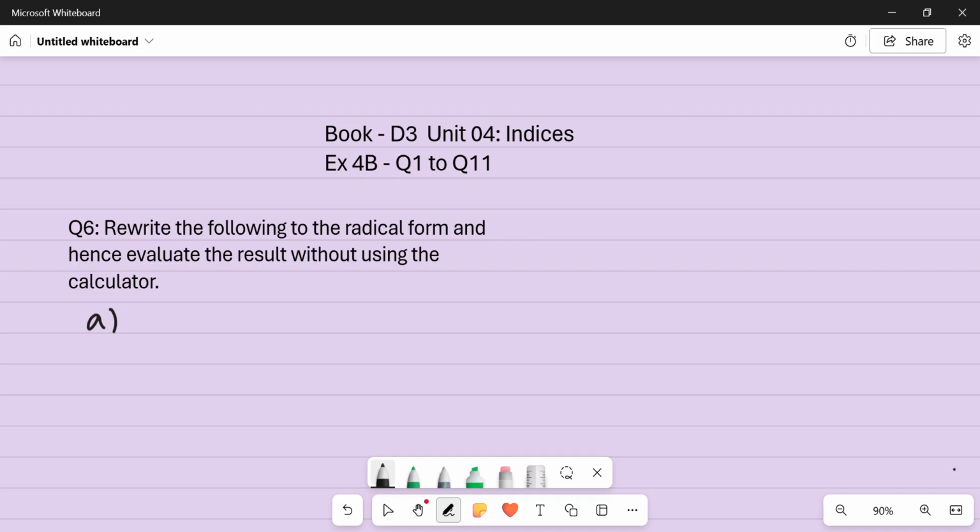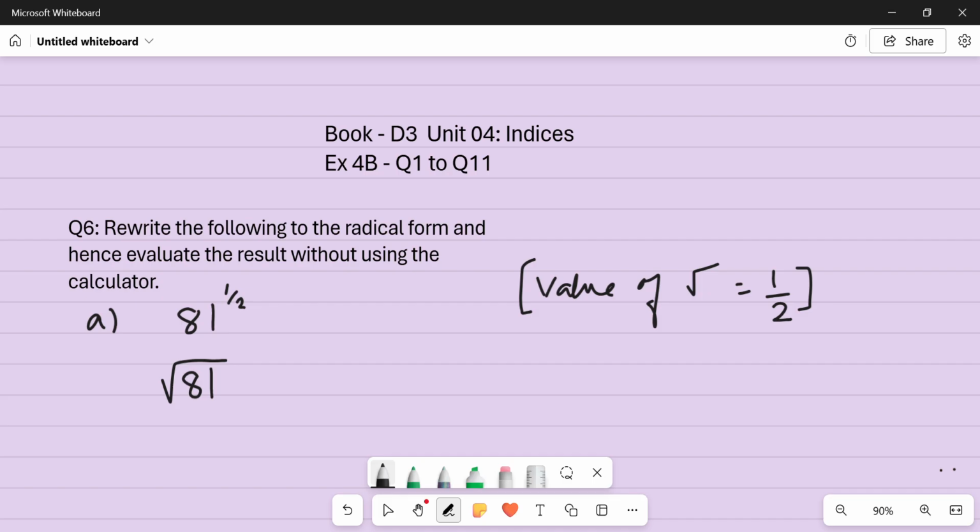A is 81 to the power 1 over 2. So as you know, the value of radical is half, so here 1 over 2 is converted into a root.